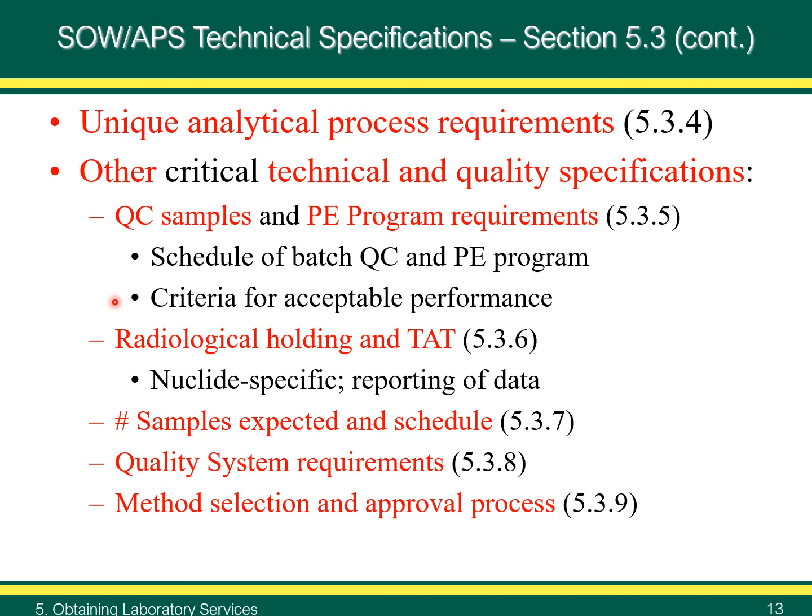The criteria for acceptable performance on batch QC and performance evaluation samples should be based on project MQOs. This will provide information that the laboratory is capable of meeting project measurement quality objectives on an ongoing basis.